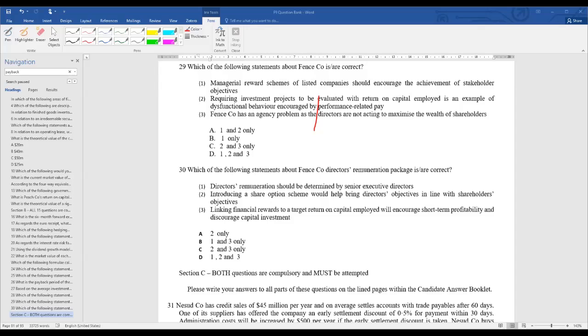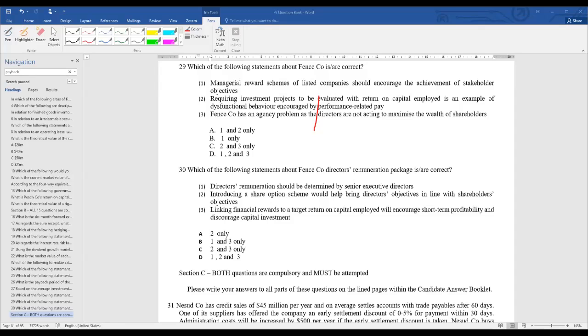However, the use of return on capital employed is within their reach. So 1 and 2 seem to be correct. Let's see 3. The company has an agency problem as directors are not acting to maximize the wealth of shareholders. If we have dysfunctional behavior, they're not working to encourage the wealth of the shareholders, so it seems correct.